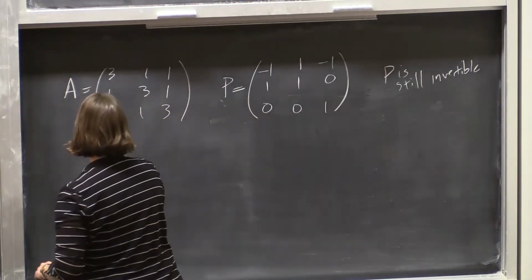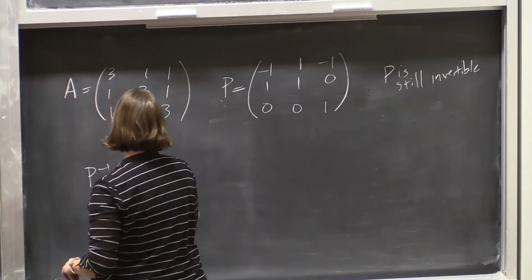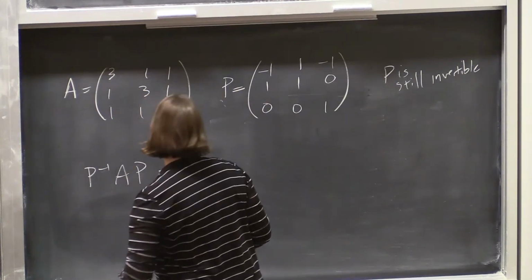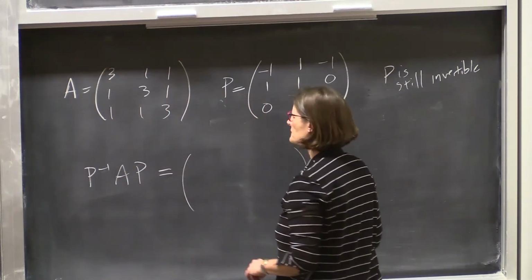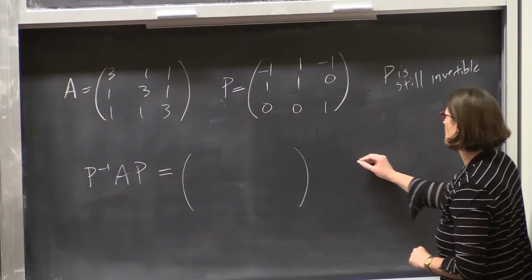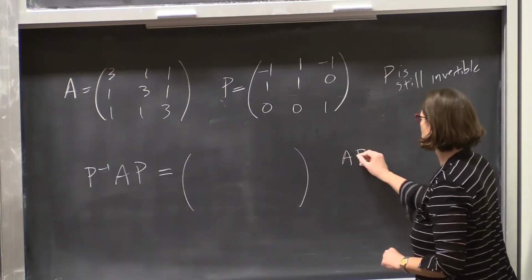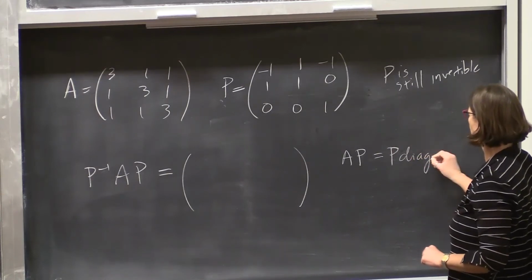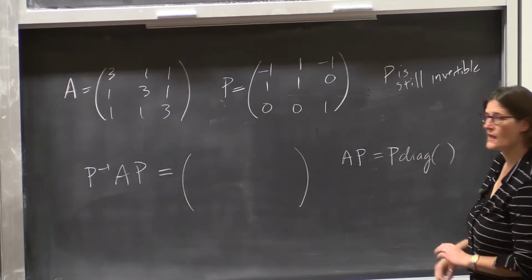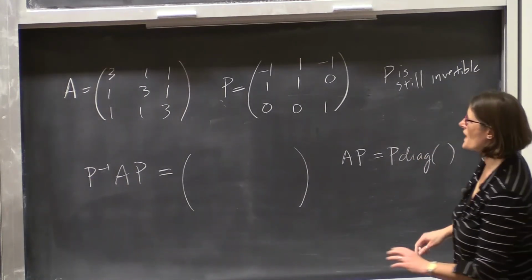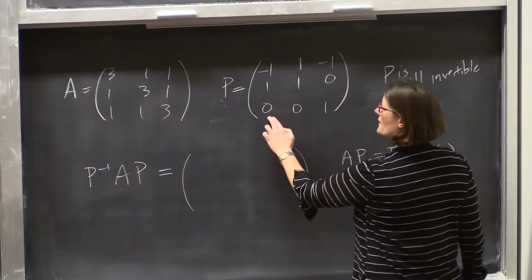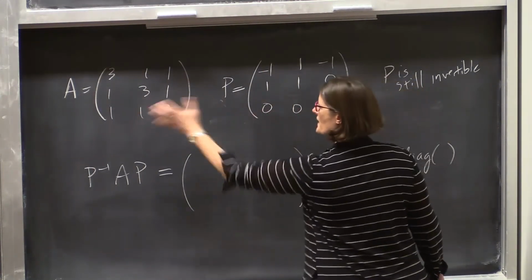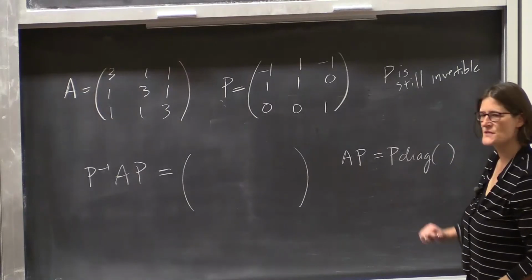Now, when I compute P inverse A times P, what's going to happen? Well, the machine that's running in the background is the following. So I know that when I hit the first column of P with A, I'm going to get P times some number.